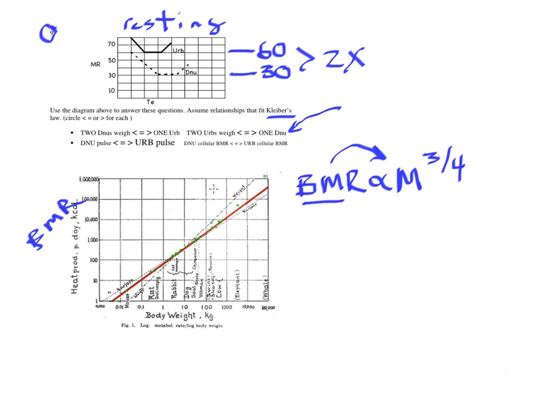Okay, the second thing you have to realize is that although this isn't an equality, it tells you something about just how much the difference in BMR will be for any given change in metabolic rate. So if this change in metabolic rate is a doubling, is the mass doubled?